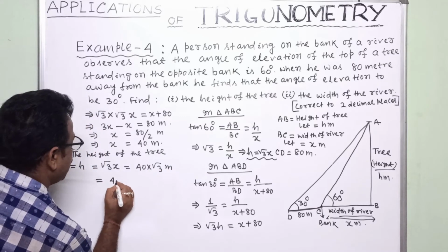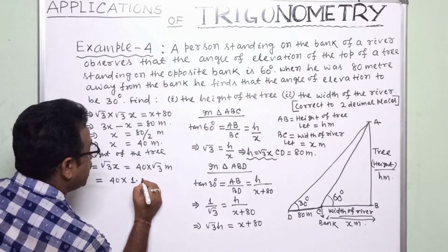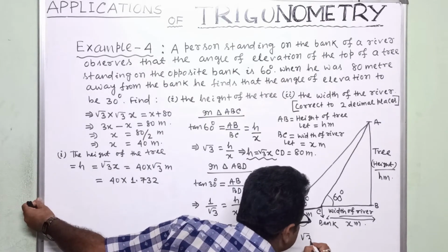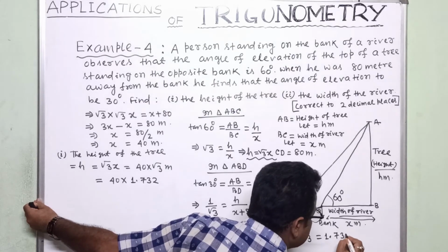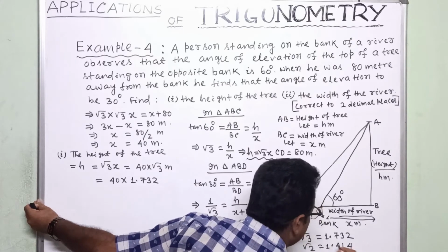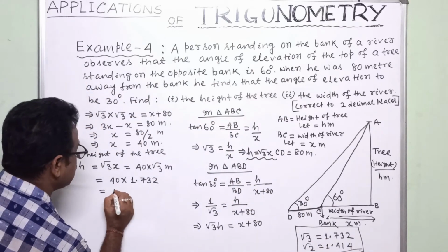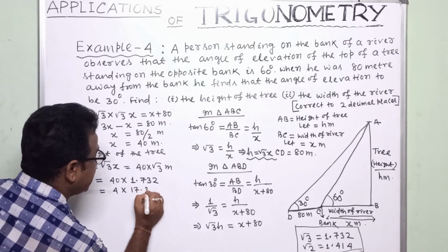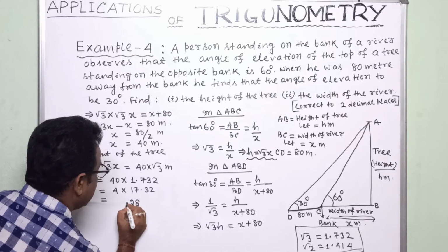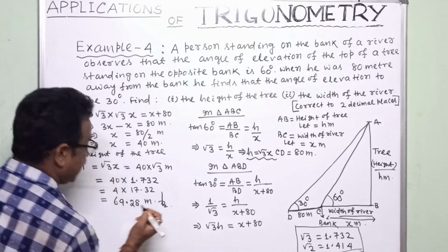Correct to 2 decimal places, the value of root 3 is 1.732, so keep it in mind, and root 2 is equal to 1.414. These two things you have to remember. So simply you can write 40 into 1.732, that is equal to 69.28 meter. This is the answer.